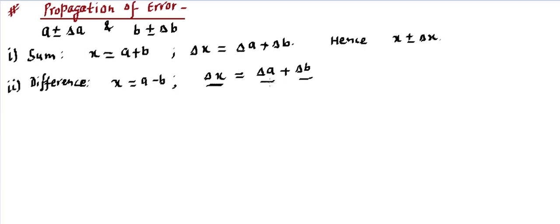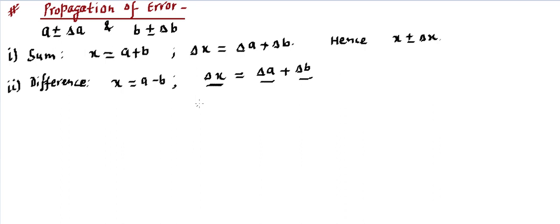Now when there are two errors, errors are always added up. Errors cannot compensate for each other. So if one quantity has error, and another quantity has error, then addition is going to have further error. Subtraction is also going to have a further error because there is a plus minus, right?